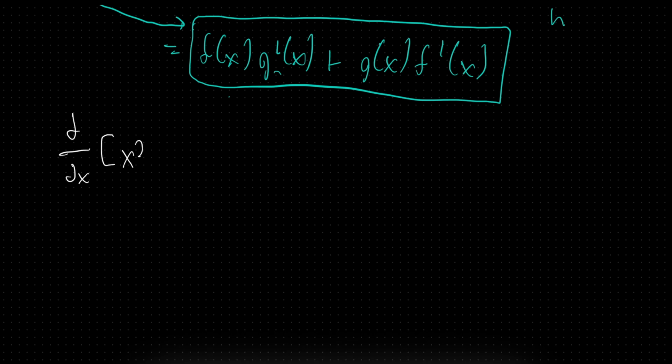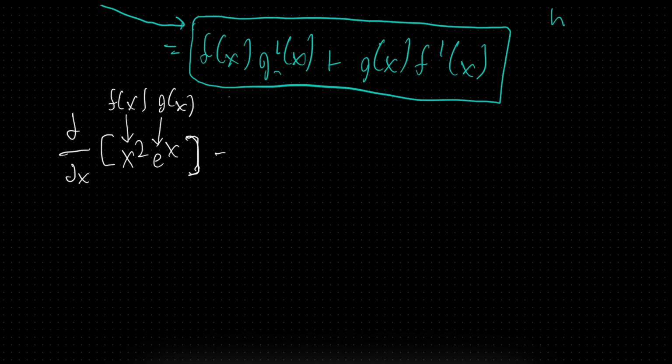All right, let's try an example here to really soak this in. Let's do x squared times e to the x. Quite easy to take the derivative of, but not as easy to graph probably. If I were to use this formula as a way of visualizing it, you could see this x squared as f of x and this e to the x as g of x.